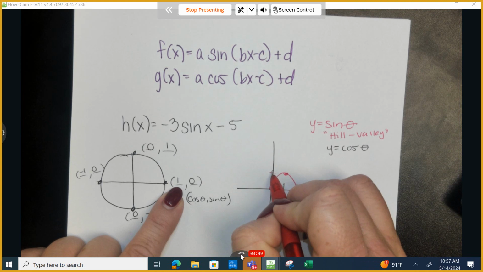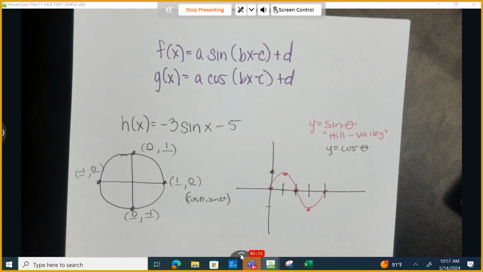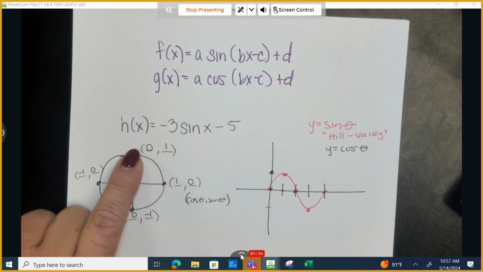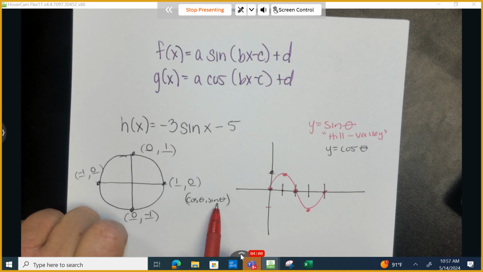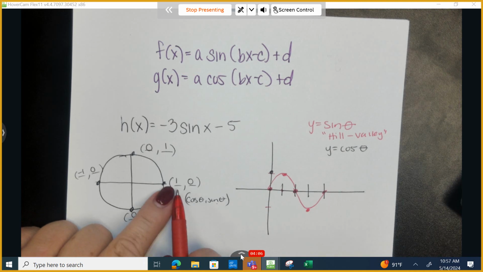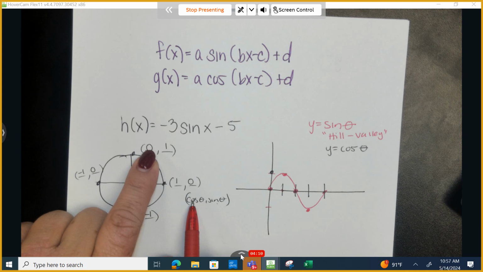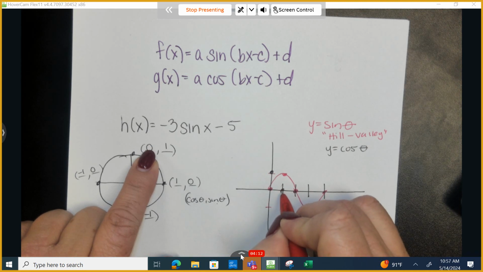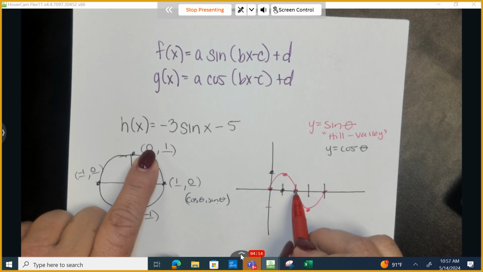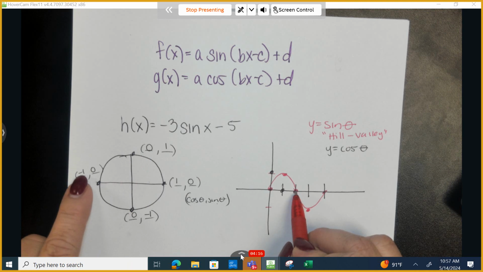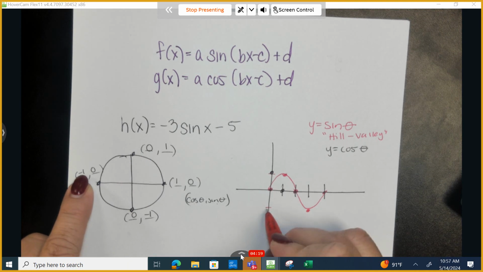So on my graph, I'm going to go to an output value of 1. I'm so sorry, I'm doing cosine, so the output value is 1. Here's my first step, and the output value at my first step is 0. This is my second step, and the output value is -1.